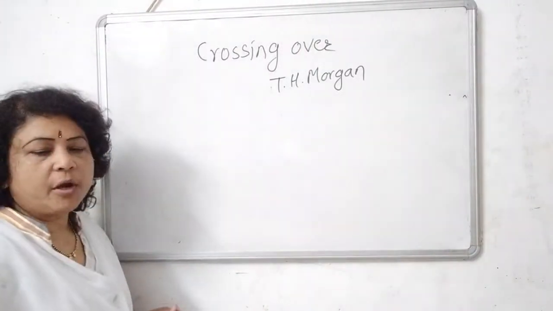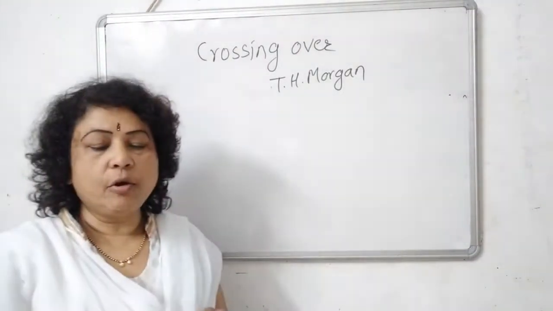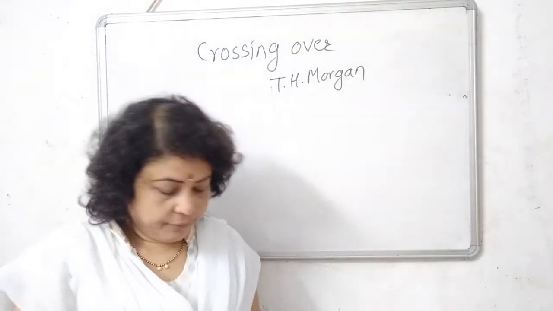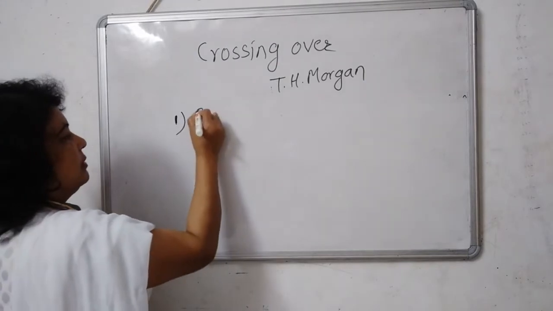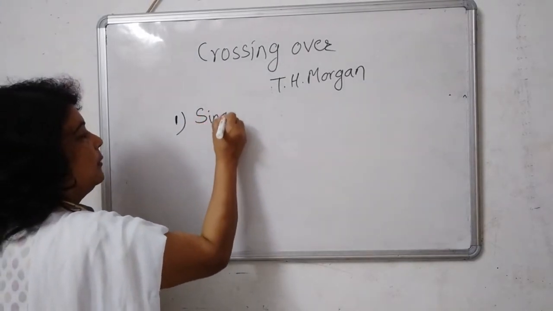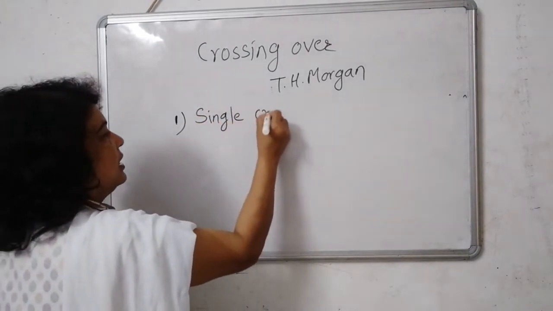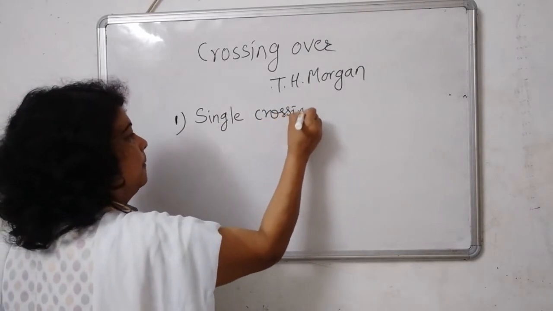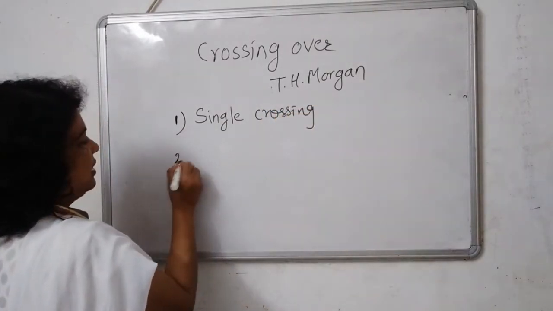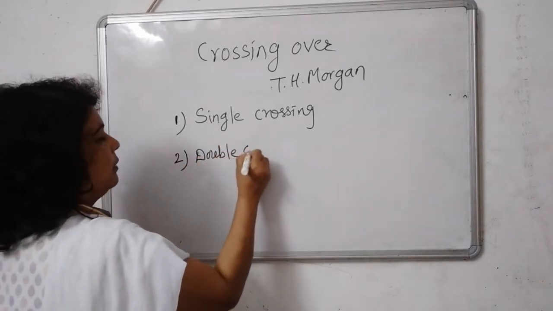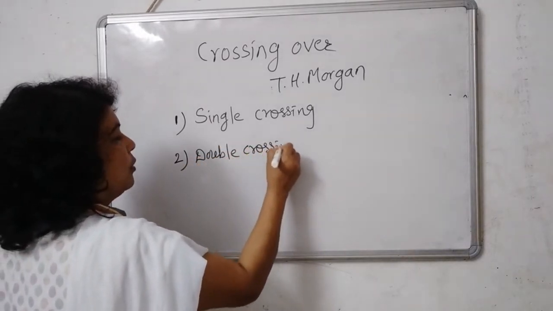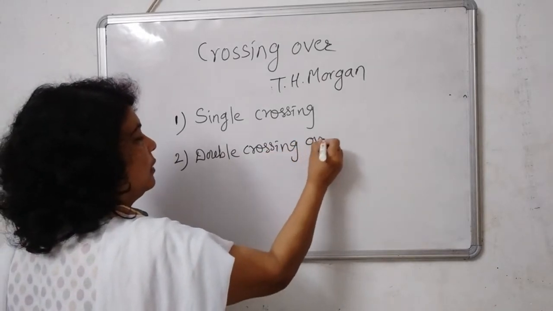Meiotic crossing over is of different types. The first is the single crossing over, and the second is the double crossing over.